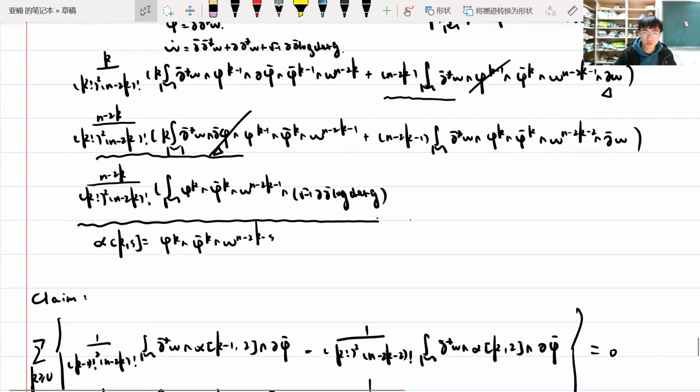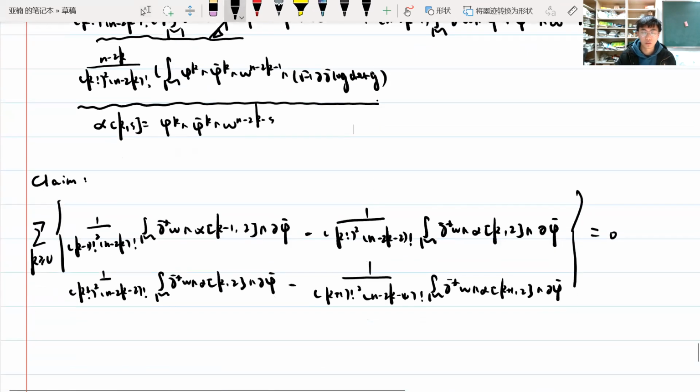And similar to the case of surface, we need a lemma, because here this term is dependent on time.